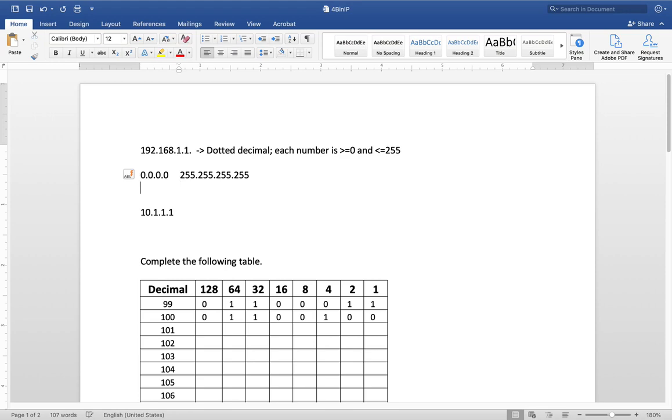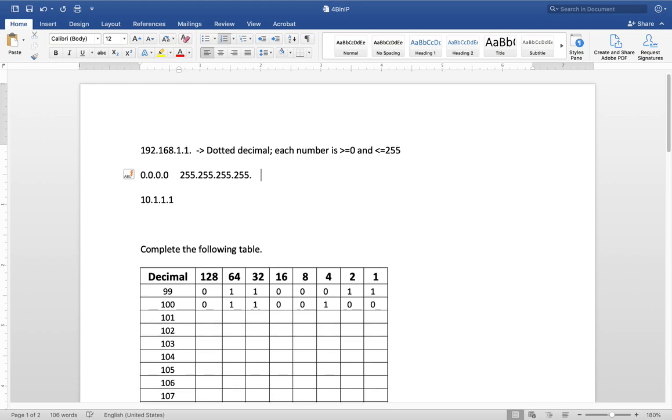If I say 10.1.1.250, is this a valid IP address? So this one, 10.1.1.256, is not a valid IP address, because all four numbers should be between 0 and 255. So anything that contains 256 is not a valid IP address.